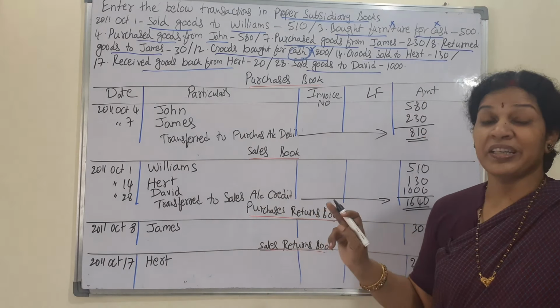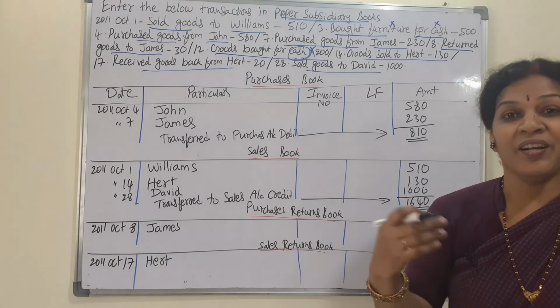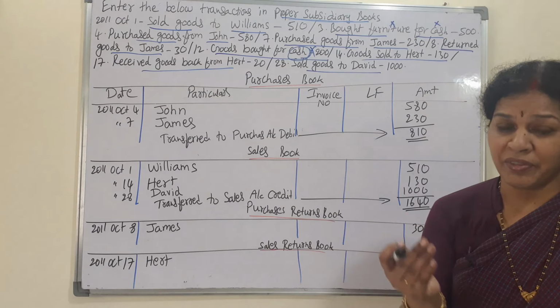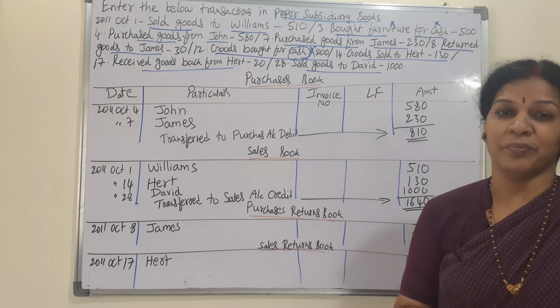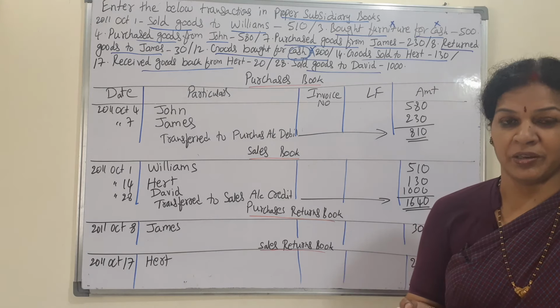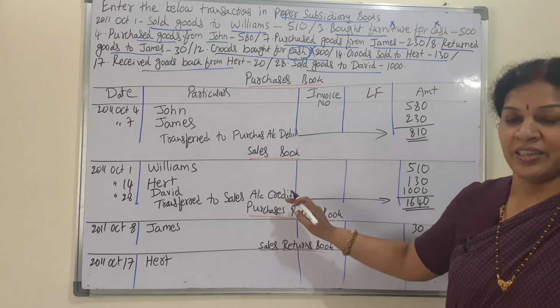Why credit? All the sales will be on the credit side. Why only credit side? Sales is income. All the incomes are credit side. We know it as per the nominal account. So we are crediting it.